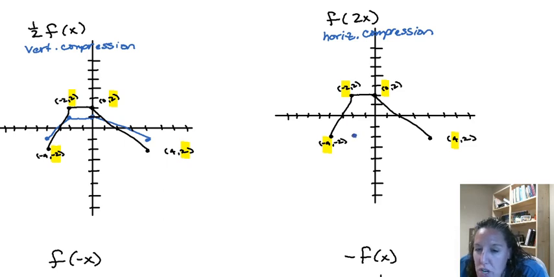Our y value is not going to change, only our horizontal or our x component. -2 divided by 2 is going to give us -1. 0 divided by 2 is still going to be 0. And 4 divided by 2 is going to be 2. So now we get the compression going the other direction. And we get the same basic shape, it's just squished in towards that y-axis.